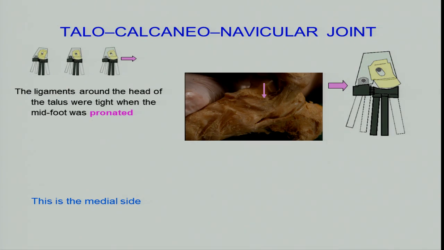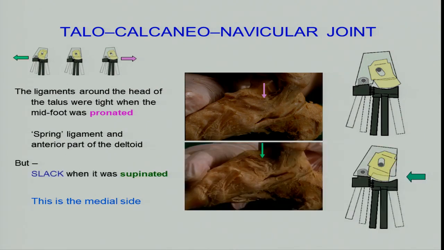So there they are, and they're tight. The spring ligament and the anterior part of the deltoid. We then supinated our specimen, and they all became slack. And we thought, that's daft. You can't have slack ligaments, the foot would fall apart.